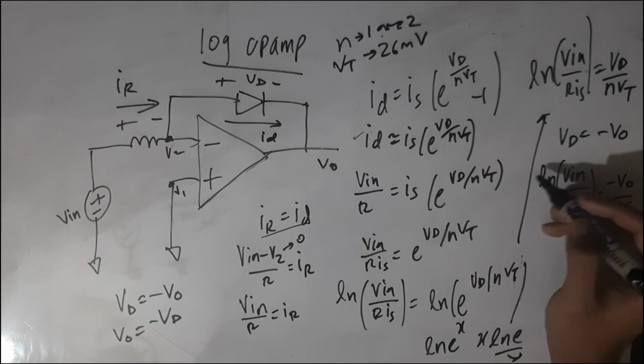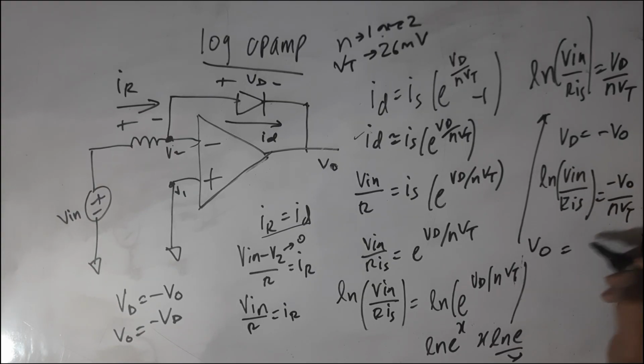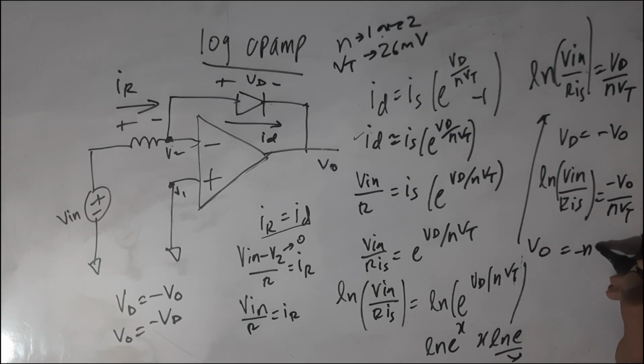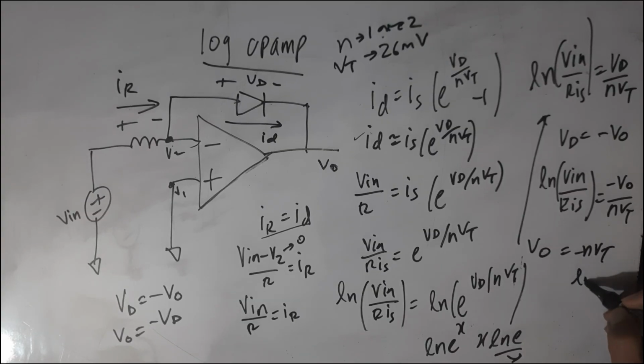We take this to the other side. V0 is equal to minus N VT ln Vin by R IS.